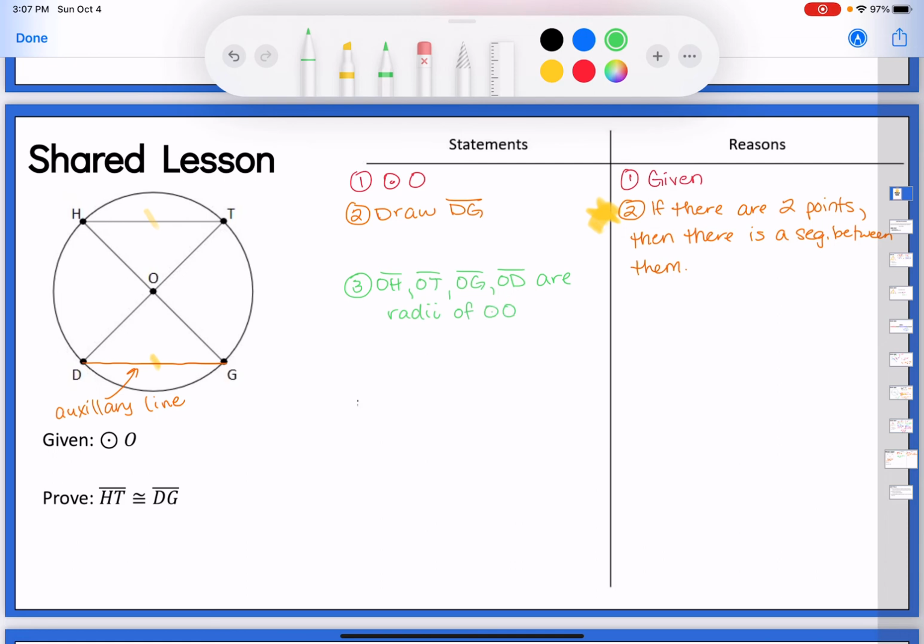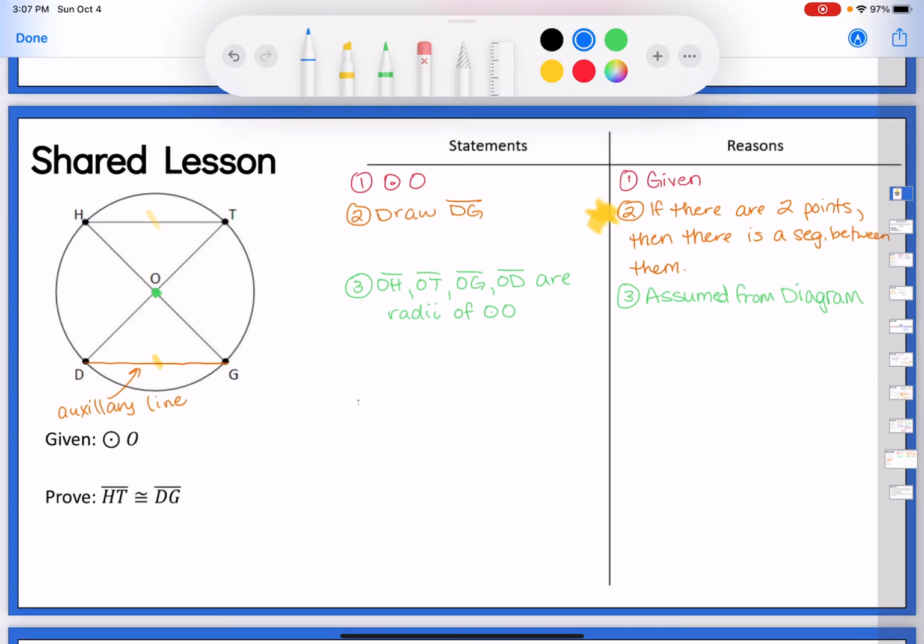They're all coming from this center point and going to the circle. And that we can assume from the diagram. I can assume that a line goes through a point if it looks like it does in the picture. So assumed, from diagram.